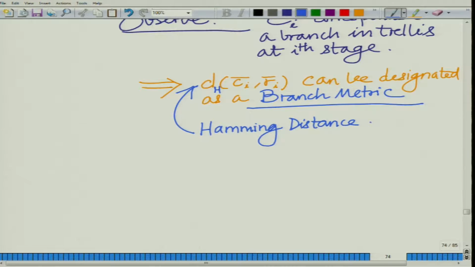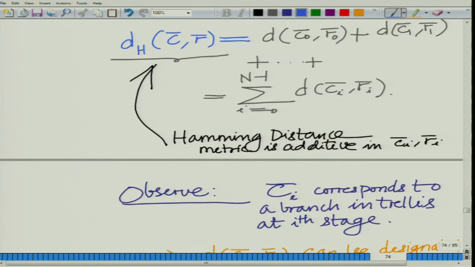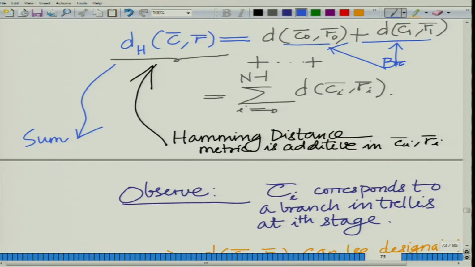Now we have seen that the total distance is the sum of the branch metrics, because each of these is a branch metric. So this overall Hamming distance is nothing but the sum of branch metrics.